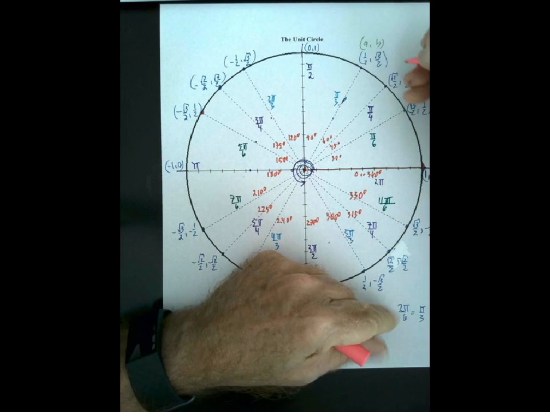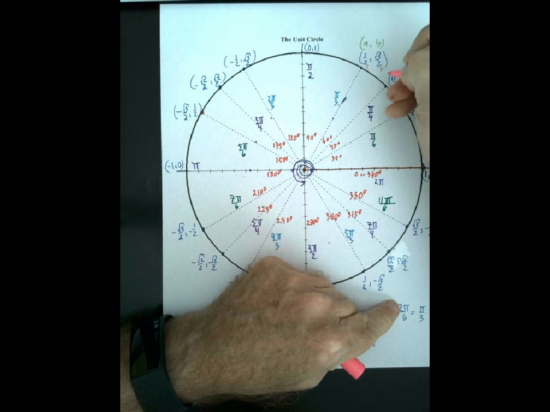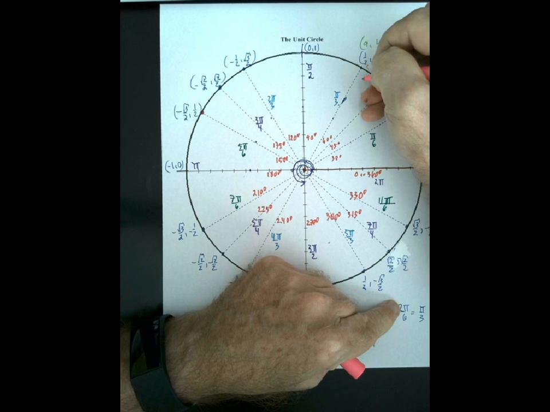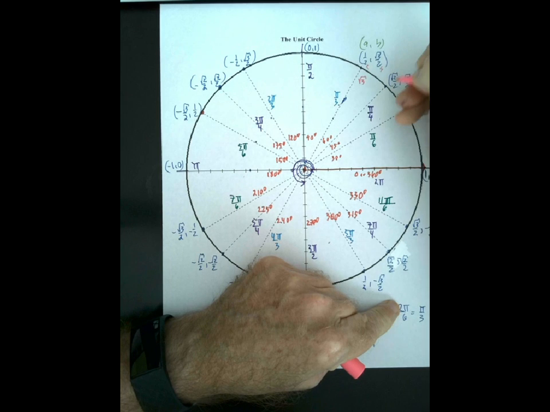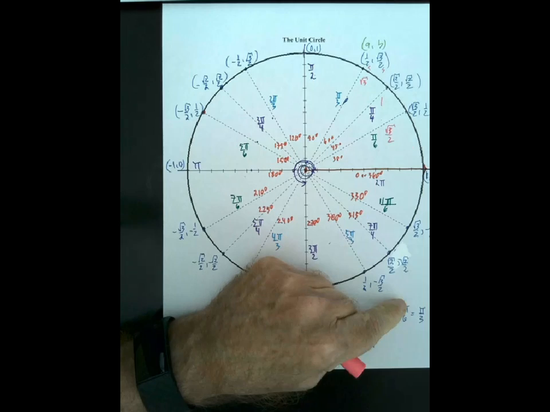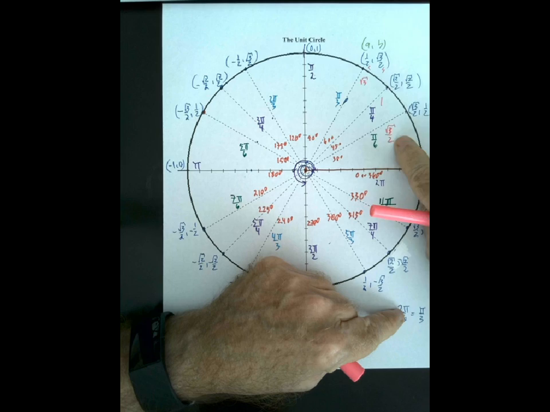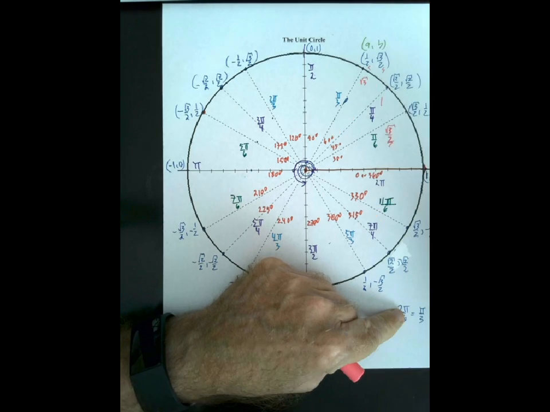Remember, this is sine, this is cosine, and the tangent value for this one is going to be rad 3. This one is going to be 1, and this one is rad 3 over 3. Did I write? Yeah, that's right. So rad 3 over 3, and 1.